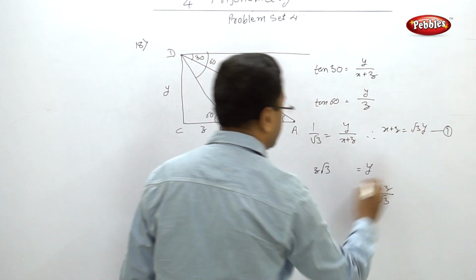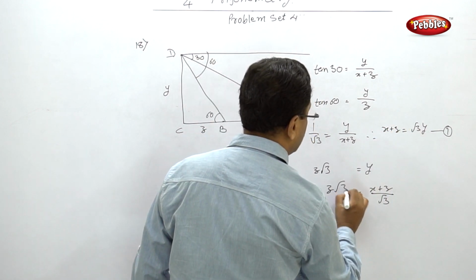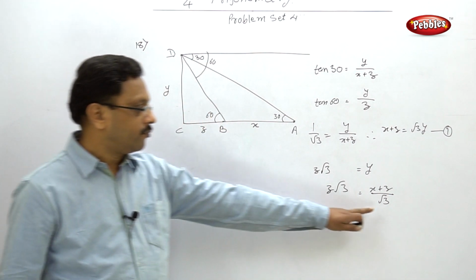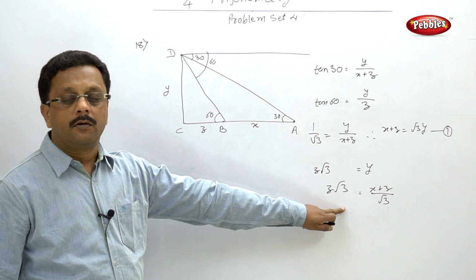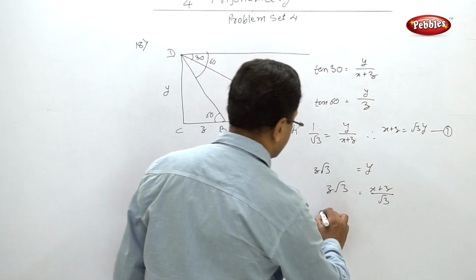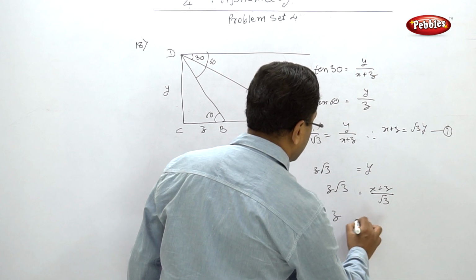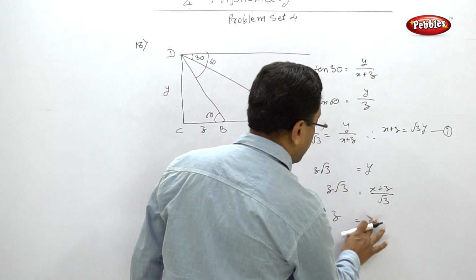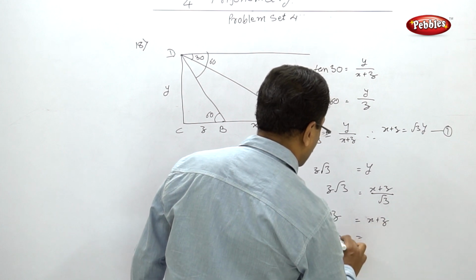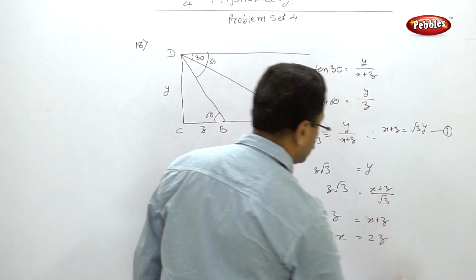I am taking it here. So z root 3 is equal to x plus z upon root 3. Take root 3 here. So 3z equal to z plus x. 3z is equal to x plus z, and so x is equal to 2z.